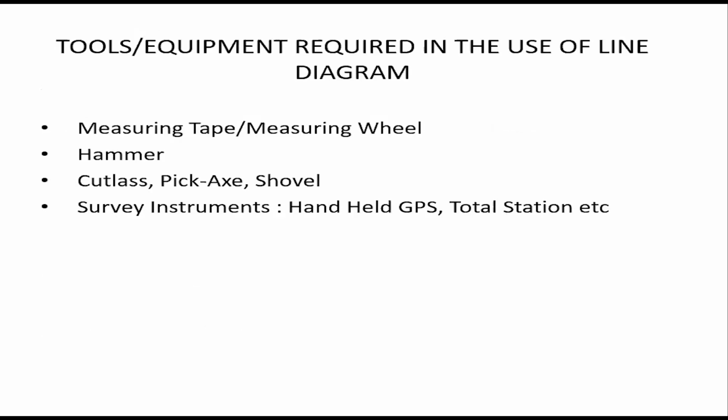Now, because this is a case study of the use of line diagram, we need to know the tools and equipment required for the use of line diagram. So we have measuring tape or measuring quill. We have hammer, cutlasses, pickers, shovel, and then survey instruments like handheld GPS, total station, etc. The measuring tape will aid us to measure the length and width of existing structures, the road width, or using the measuring quill.